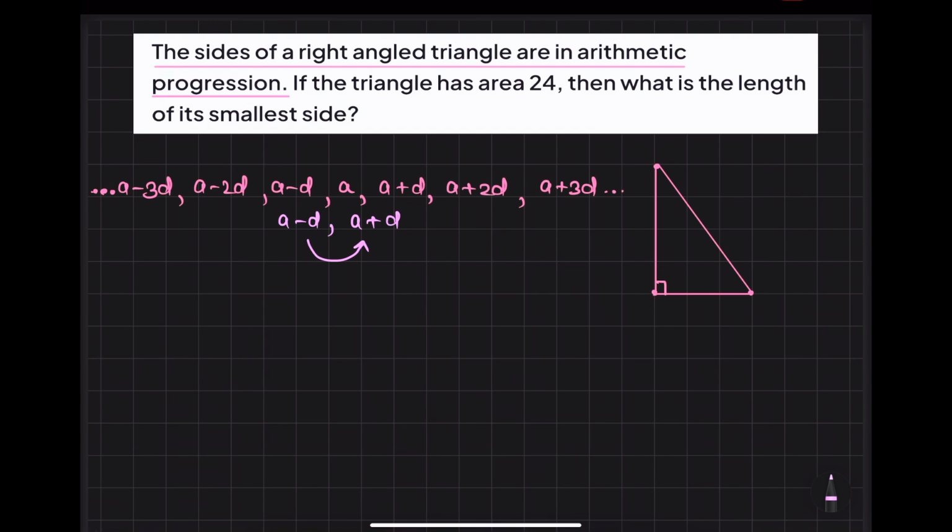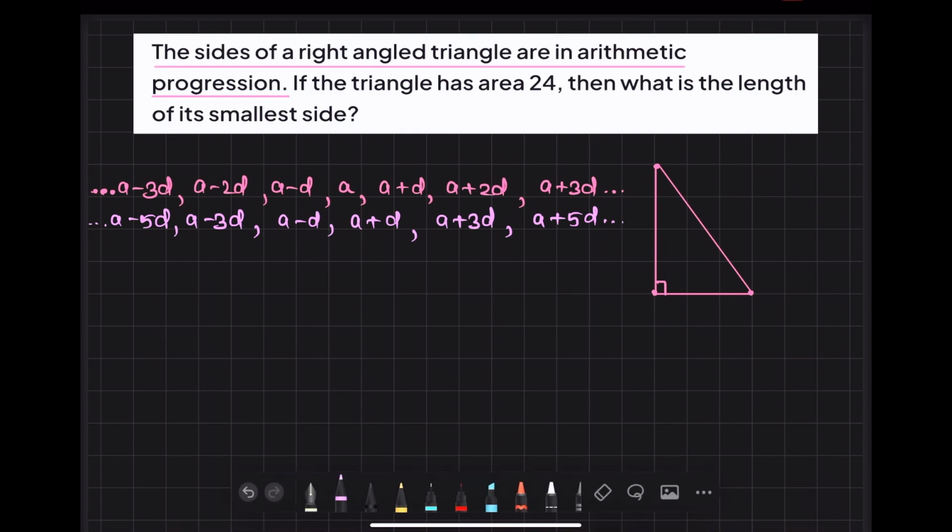So if you add 2d, you will reach here. So add 2 more d's. So it will become a plus 3d, and neutralize it, a minus 3d. Proceed again, a plus 5d and a minus 5d. So this way you have to proceed.